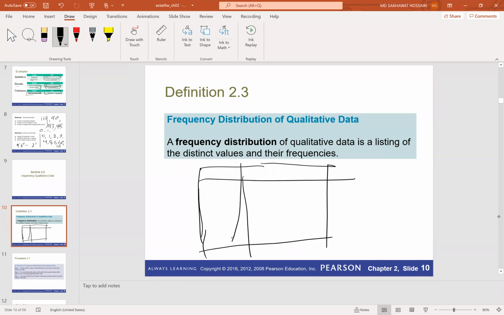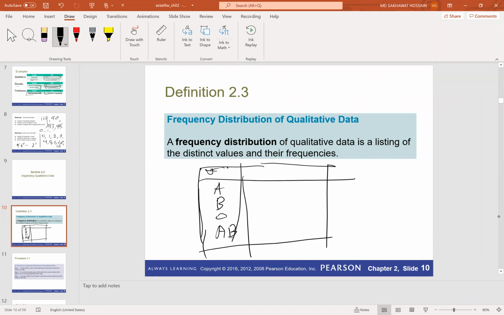If we consider the previous example, the blood type, we had possible values A, B, O, and AB, right? So we have 4 different blood types. Our variable is blood type, and these are the possible values for that variable.